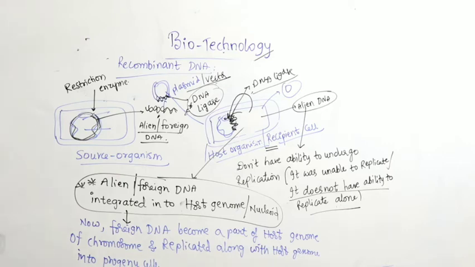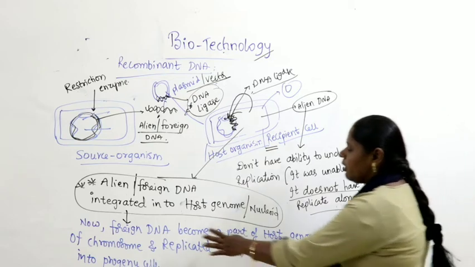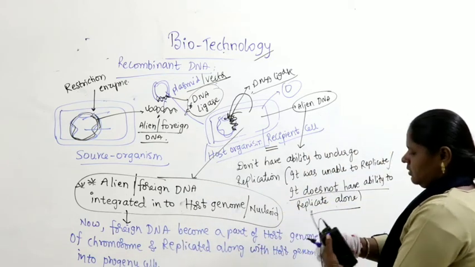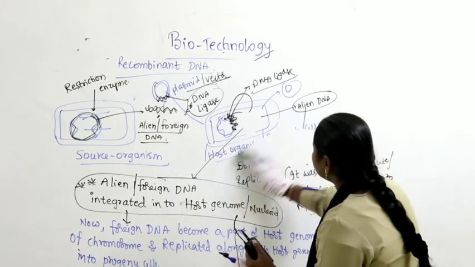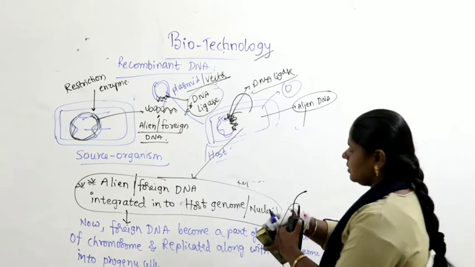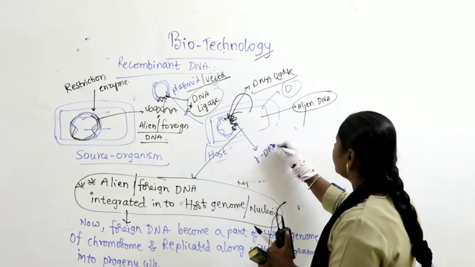What are we trying to discuss? Foreign DNA became part of the host genome. Now, after it got integrated into this, it is called recombinant DNA.